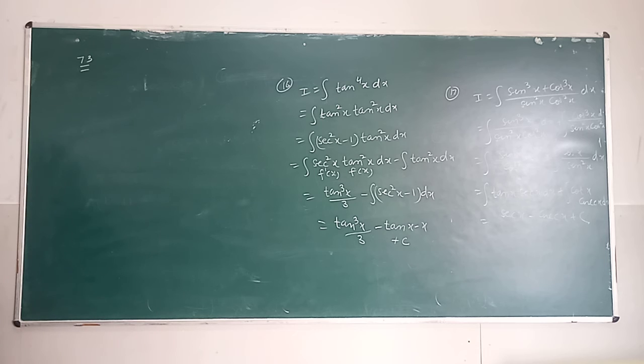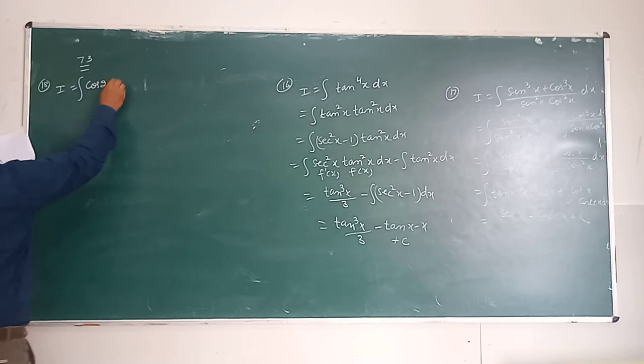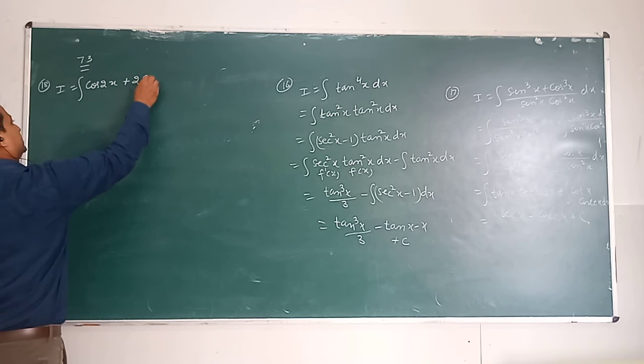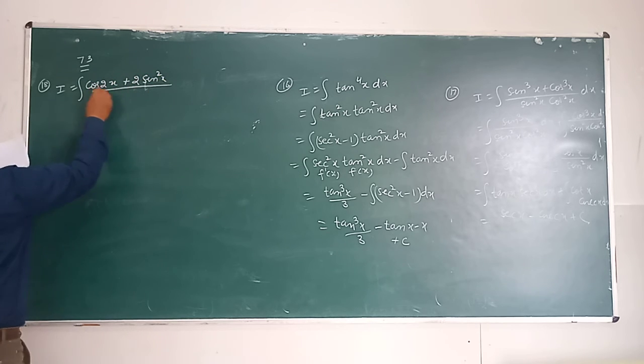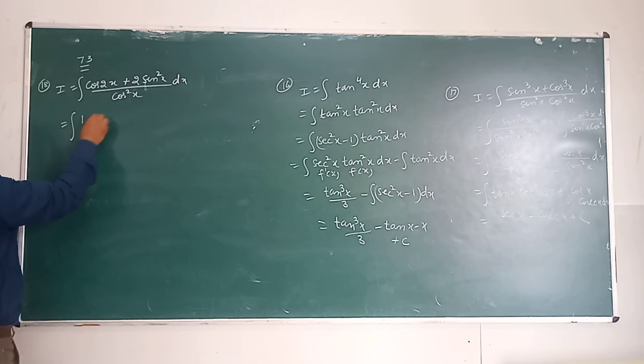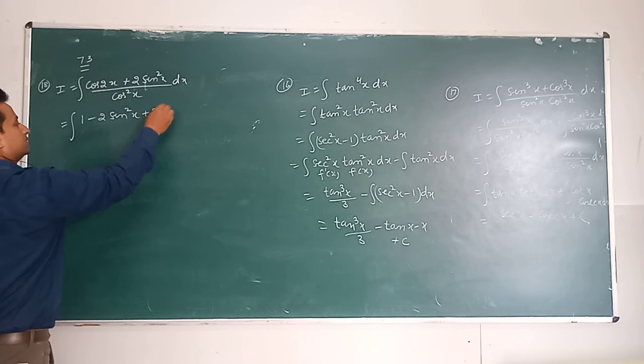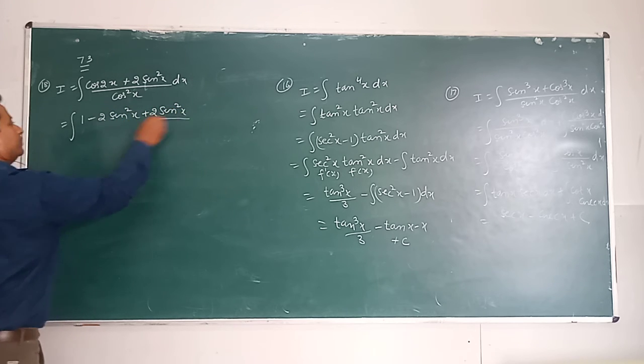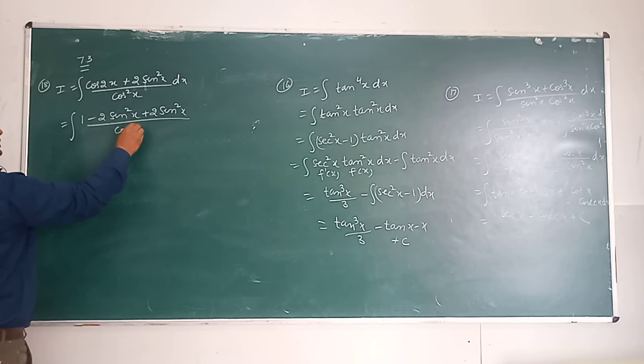In question number 18, the statement is I is equal to cos 2x plus 2 sin square x upon cos square x dx. Here first we use the formula of cos 2x, which is 1 minus 2 sin square x, plus 2 sin square x upon cos square x.